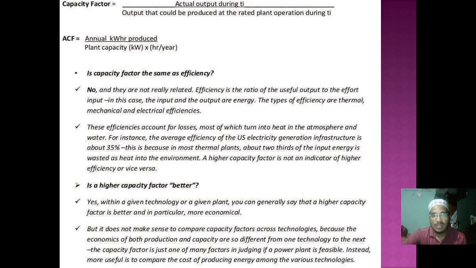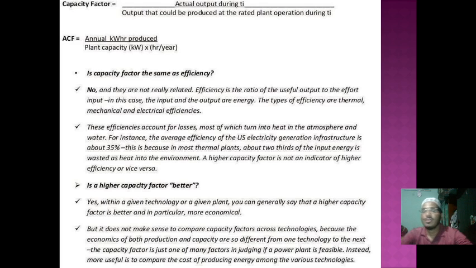So the efficiency will not be the same as the capacity factor. In the beginning, the capacity to consume and produce energy is more. After we maintain the power plant, it will decrease slowly. So that's why the answer is no, and they are not really related.